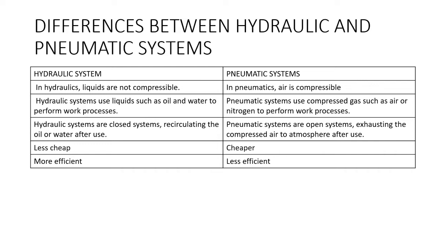Pneumatic systems use compressed gas such as air or nitrogen to perform processes. Hydraulic systems are closed systems, recirculating the oil or water after use. Pneumatic systems are open systems, exhausting the compressed air to the atmosphere after use.